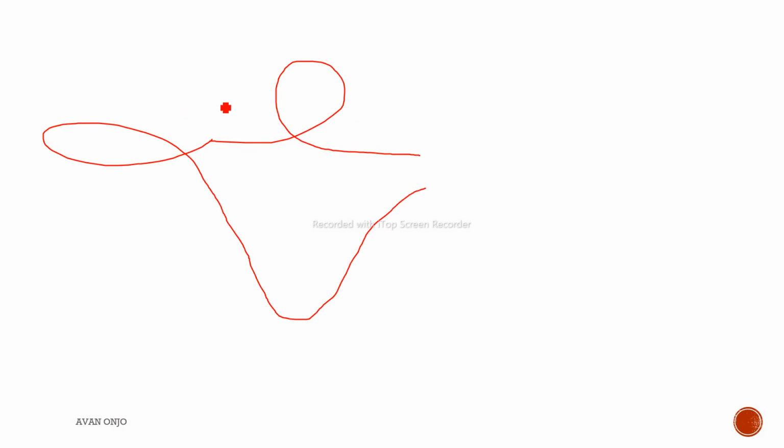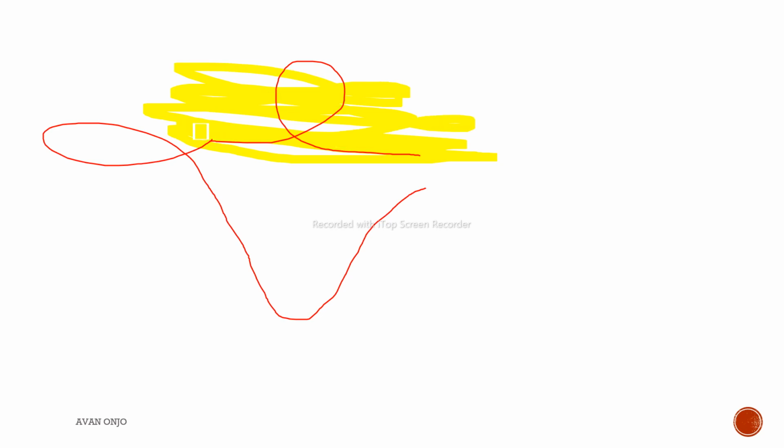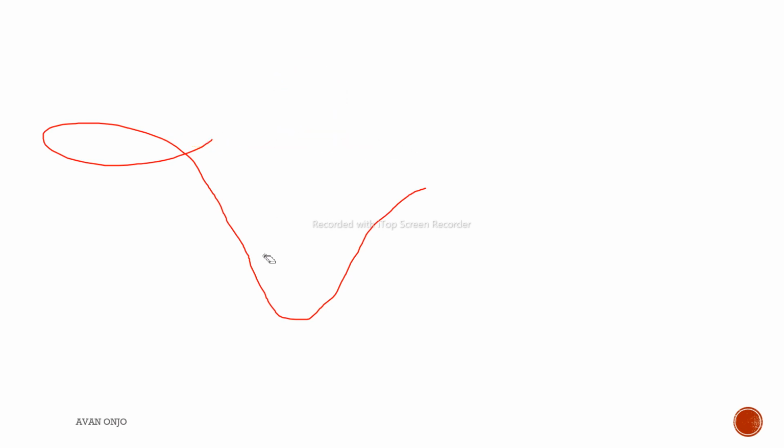If I show it to you through a highlighter, I think that would be better. So all this area, this northern area that we saw.